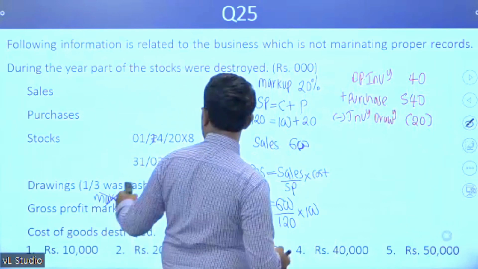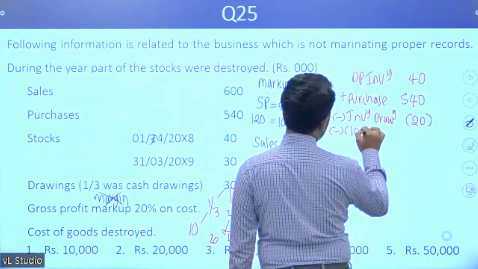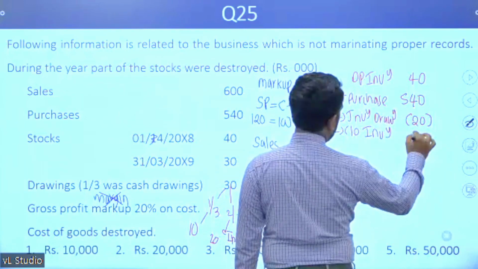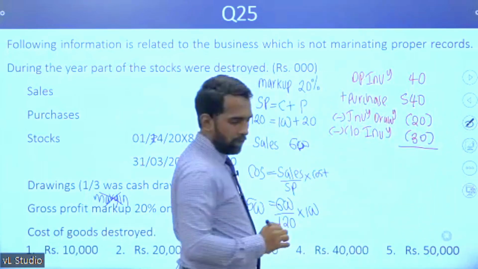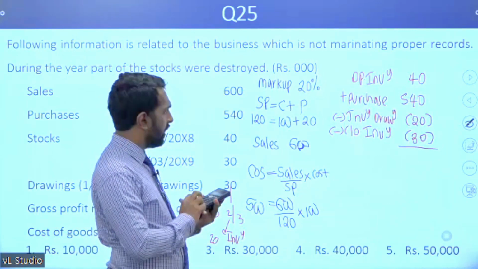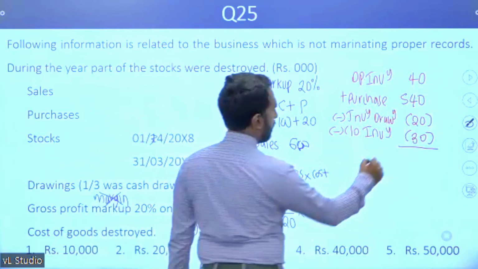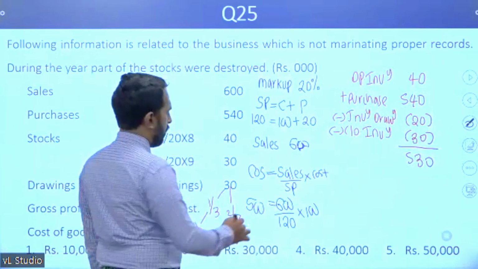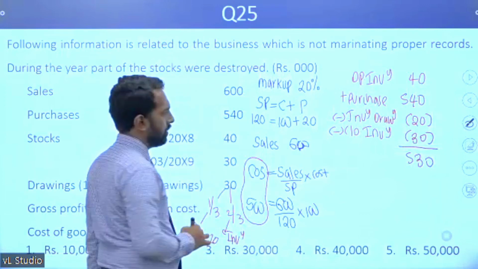Then the closing inventory, that also we have to deduct. Closing inventory is coming to a value of rupees 30. Now look at the value we are getting: 40 plus 540 minus 50 is 530. Now our cost of sale is suggesting it to be 500.